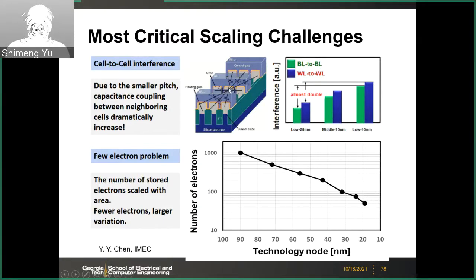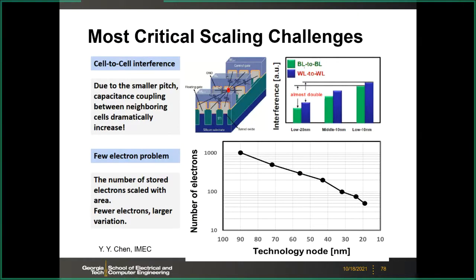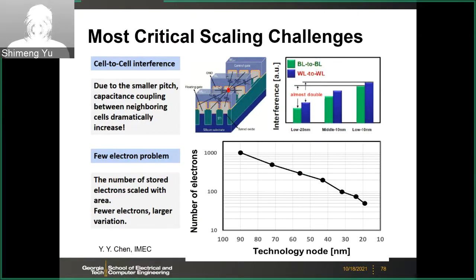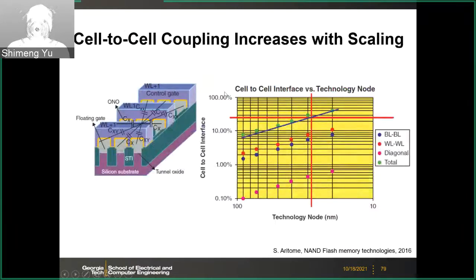For example, if this is your selected cell, due to those parasitic capacitances, this cell may be capacitively coupled to neighboring cells. So there will be bit-line to bit-line and word-line to word-line coupling. Therefore, when you select this cell to program, you may affect the VTH state of the neighboring cells due to the capacitive coupling. This is the first problem.